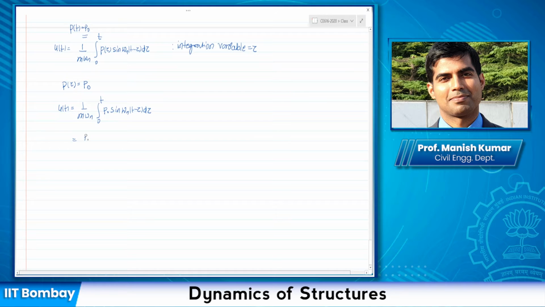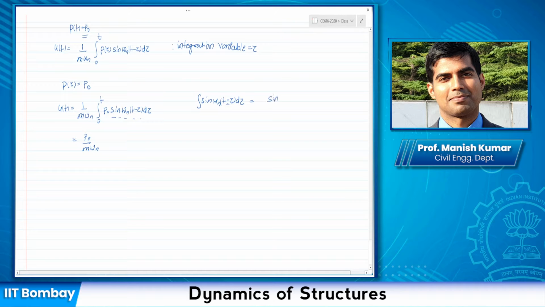Okay, so I can write here, and I need to integrate this sine omega n (t minus tau). What is the integration of sine omega n (t minus tau)? Remember, I'm integrating with d tau here. The integration of sine is actually minus cos, but there is a minus sign next to the tau here, so minus minus would get plus.